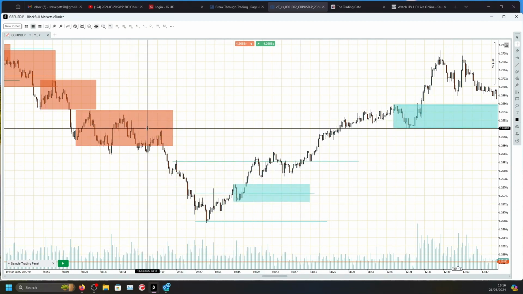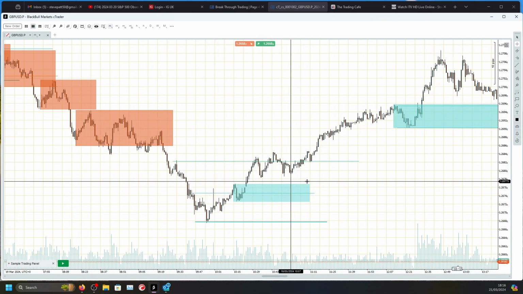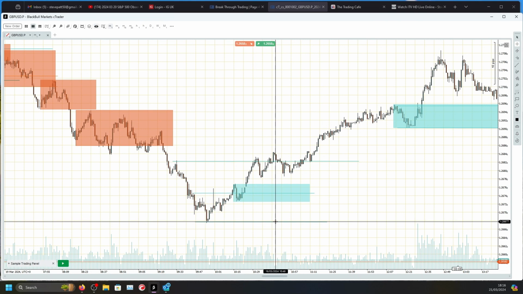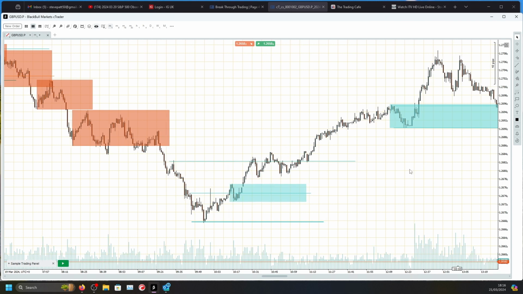So you stop going short because price stops going down. You can see price stopped making new lows from there, and then broke through a 15-minute candle there, broke through another 15-minute candle here.